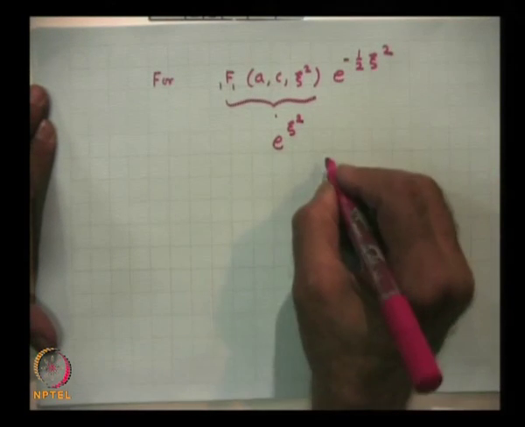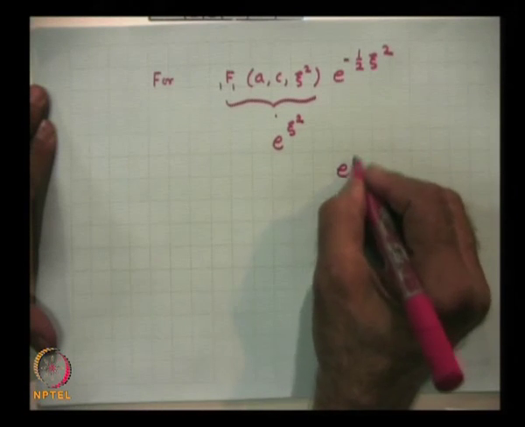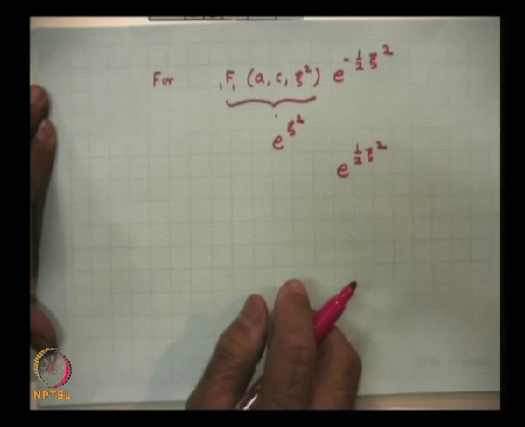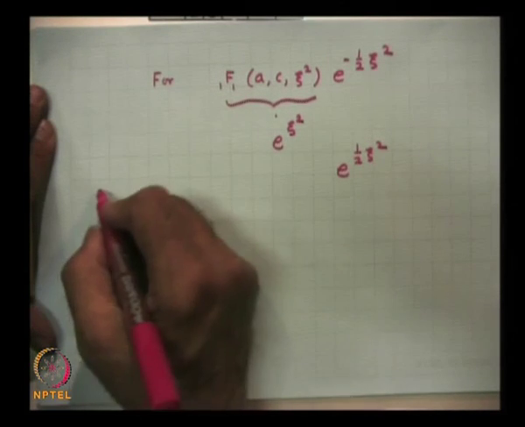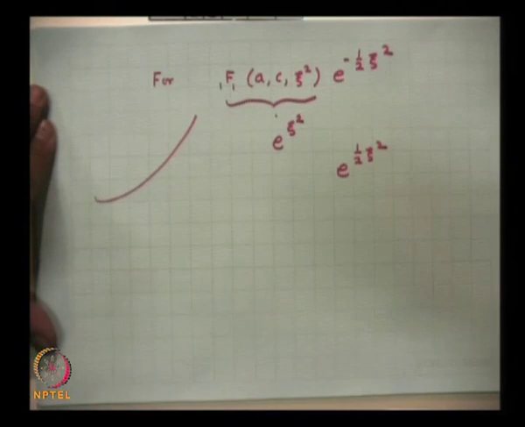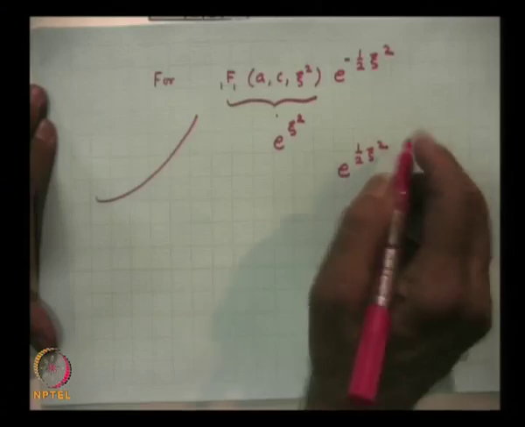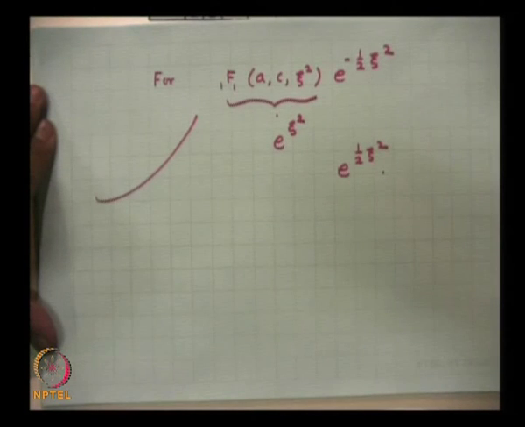And so, therefore, the product will behave as e to the power of half xi square. And so, therefore, the wave function will blow up at infinity. It will be a valid wave function, but it will not be a square integrable wave function, because the wave function will have a very large value at infinity.